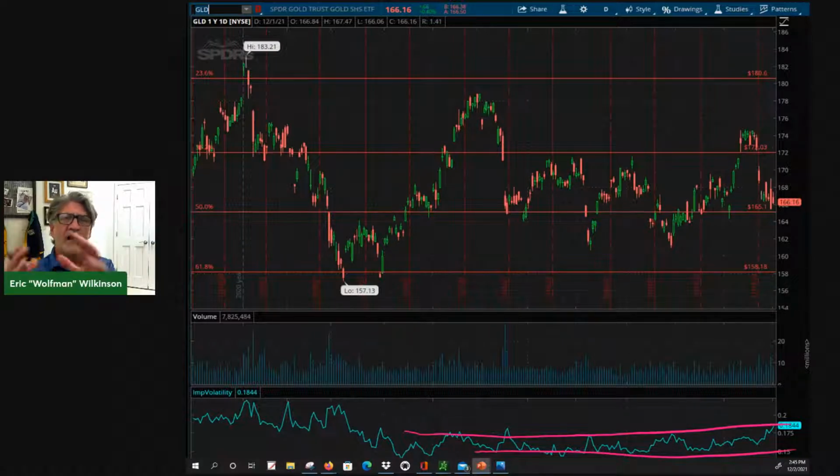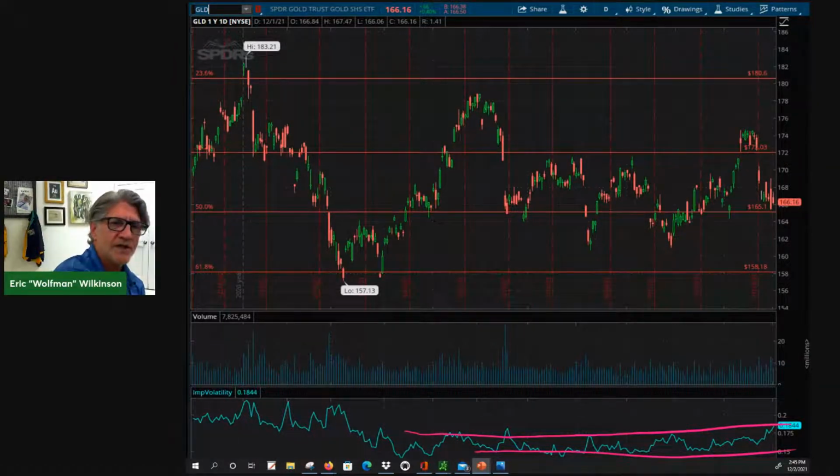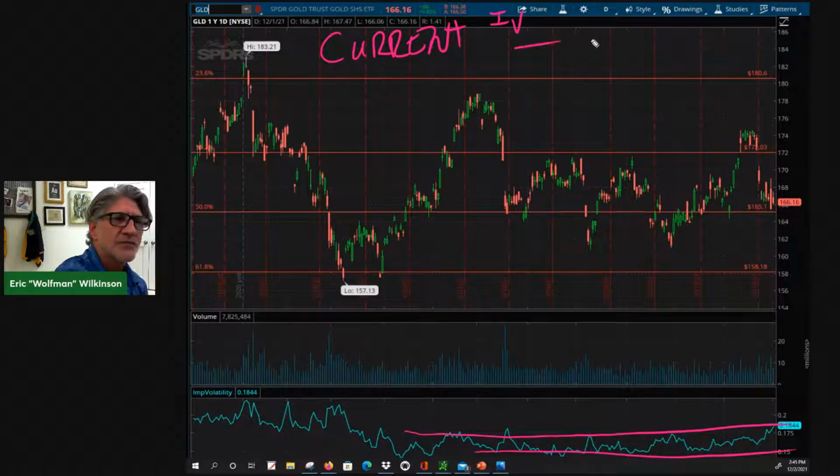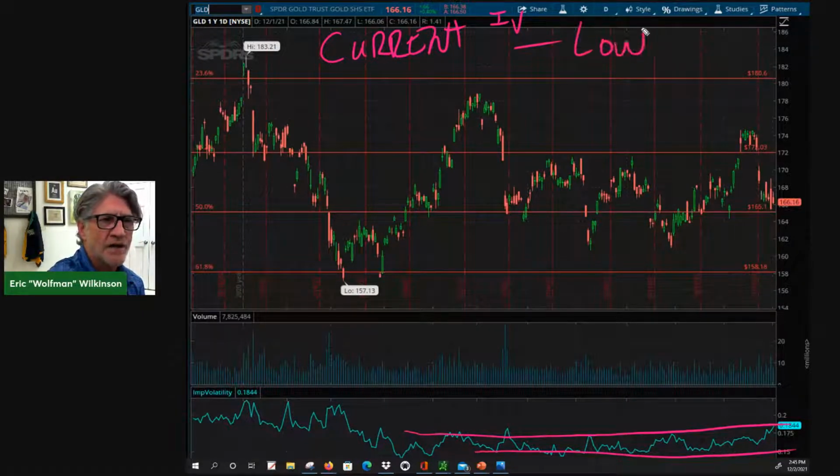Now, if you want to figure out the exact level of the pricing, what you can do is take the current implied volatility and subtract the low volatility of that chart down there.